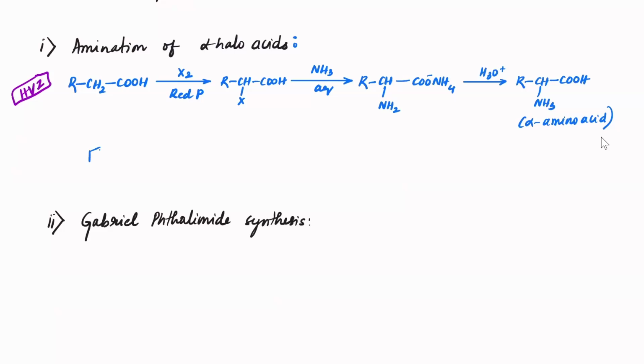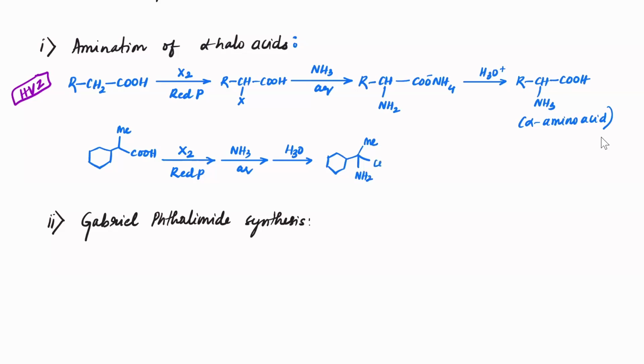Anywhere you have COOH, even if you have a methyl here, I require at least one alpha hydrogen. So X2 followed by red phosphorus, followed by aqueous ammonia, followed by hydrolysis. In that case, we will write methyl here, NH2 here, and COOH here.